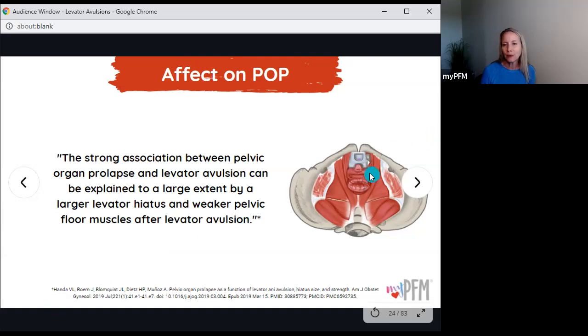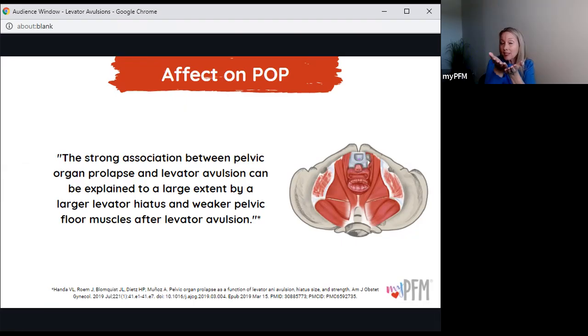So let's break that down. Number one, here's that wider levator hiatus, right? The hiatus is wider because this muscle is torn right there. And so why would a wider levator hiatus lend itself more to pelvic organ prolapse? Well, there's less support, right? The bladder is sitting right there on top of that hiatus.